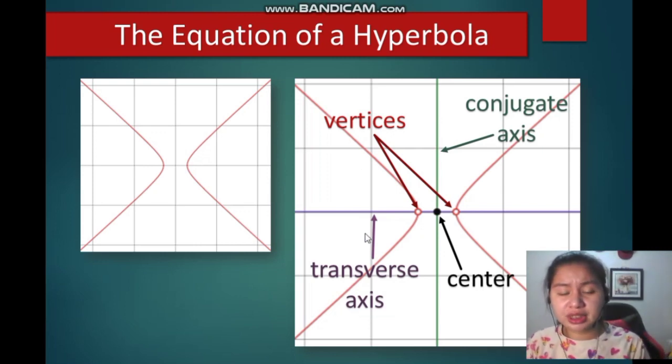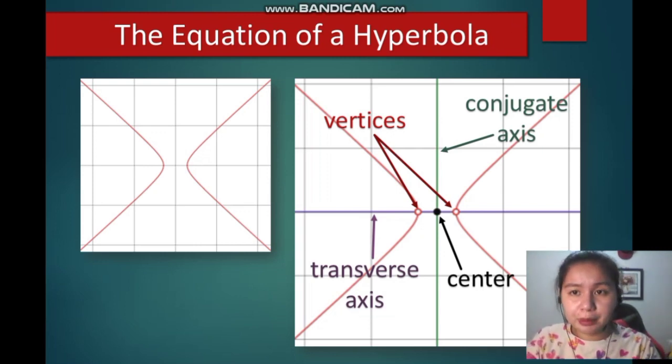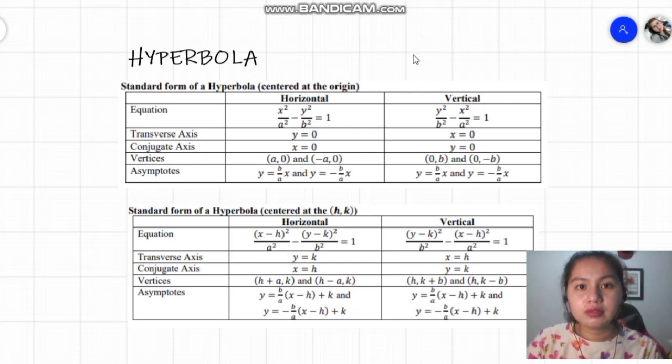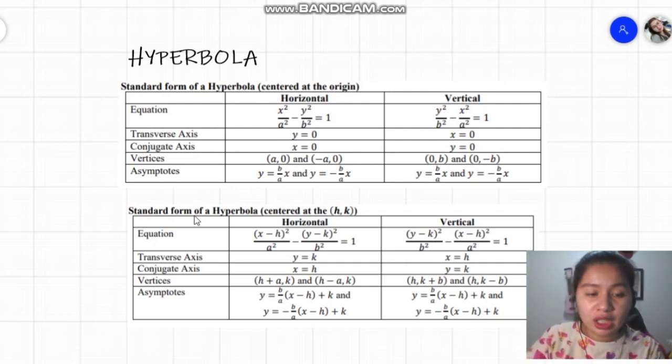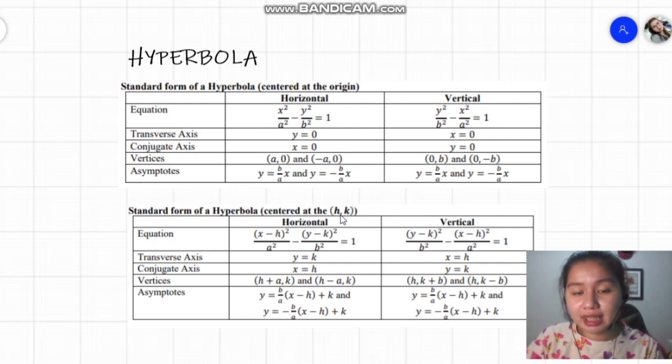So, let's proceed to the standard equation of hyperbola. Okay, so in hyperbola, of course, we have hyperbola centered at the origin, wherein yung center niya ay 0, 0. And of course, meron din tayong hyperbola, ang center ay (h, k). When we say center at (h, k), yung center natin ay wala na sa origin or hindi siya 0, 0.